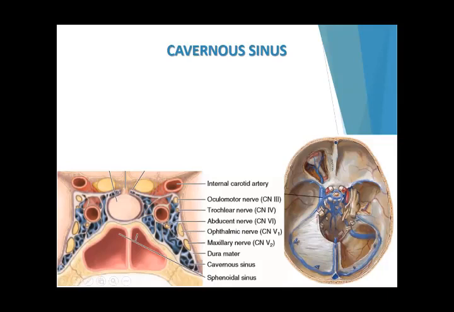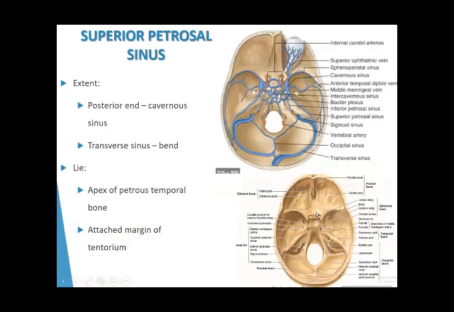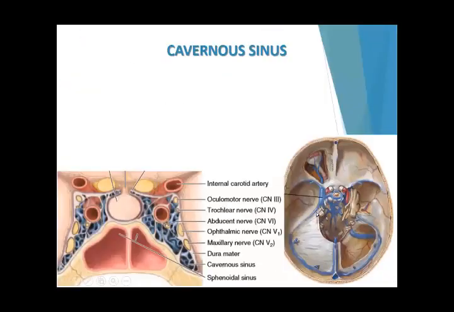In the tentorial notch, you see that there is no venous sinus present in the margin of the tentorium. ये tentorium है, इसके free margin में कोई venous sinus नहीं पड़ा हुआ. ठीक है जी. Attached margin में दो venous sinuses पड़े हुए हैं. Okay.